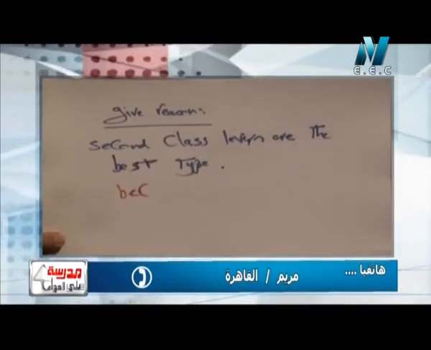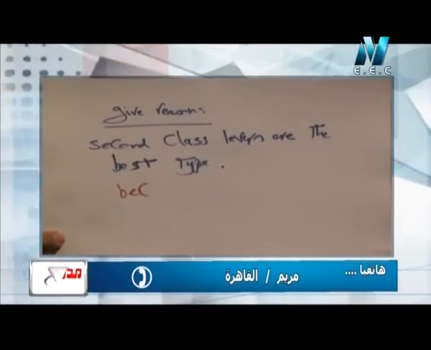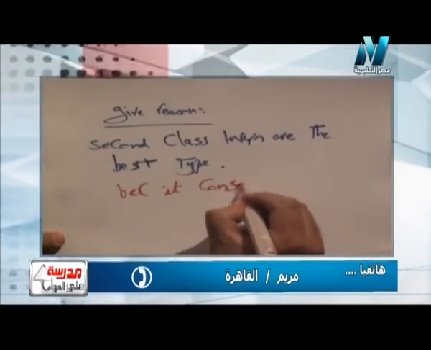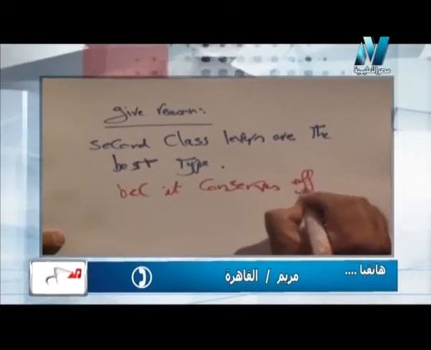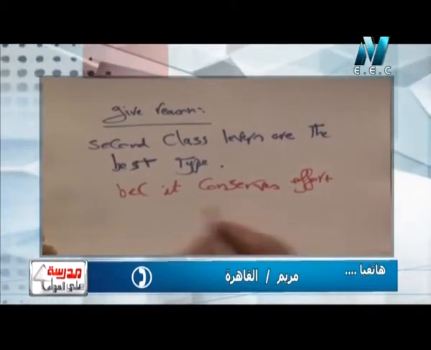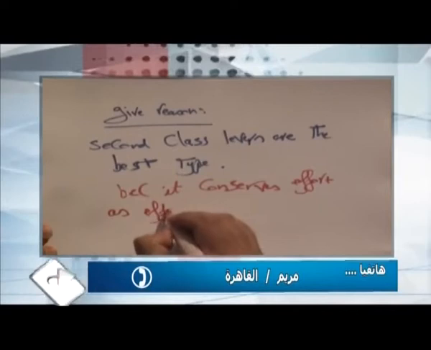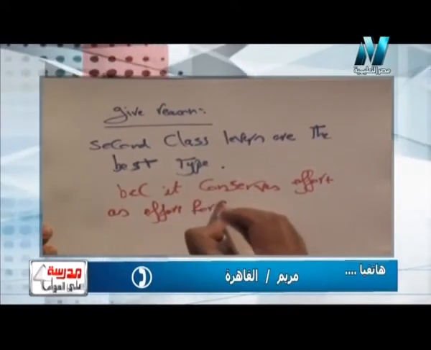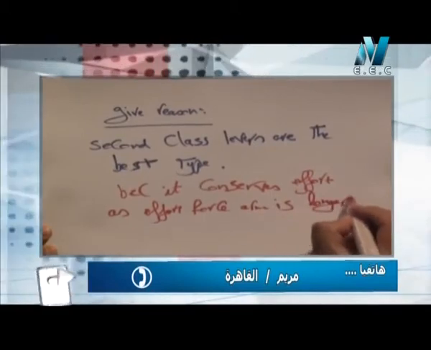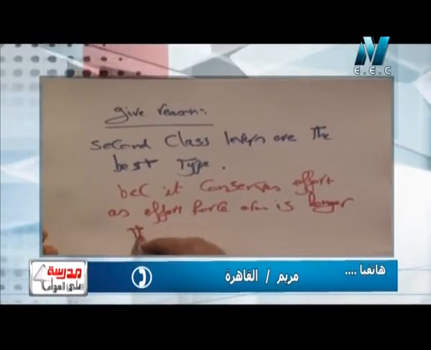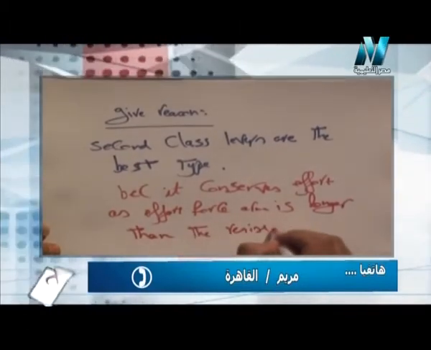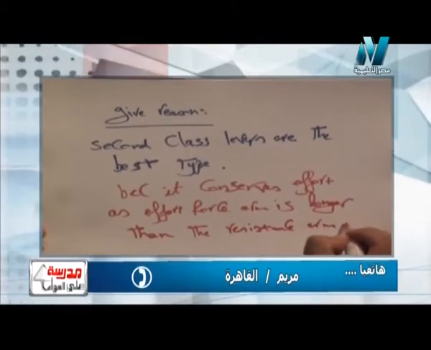Because in second class lever, the effort arm is longer than the resistance arm. Surely, excellent. So we can say that because it conserves effort, as the effort force arm is always longer than, or greater than, the resistance arm. Okay, Mariam? So that's right.